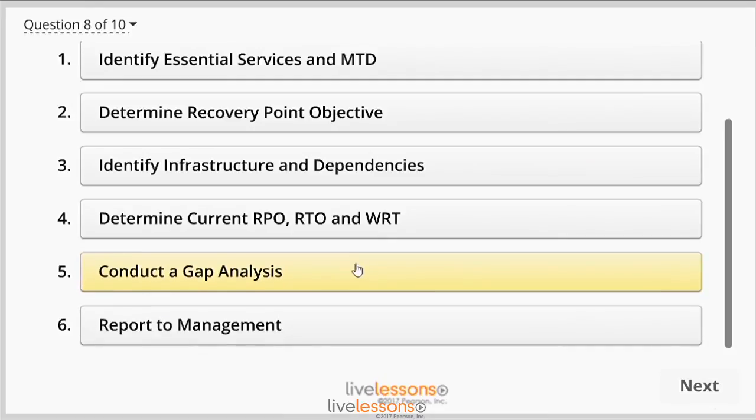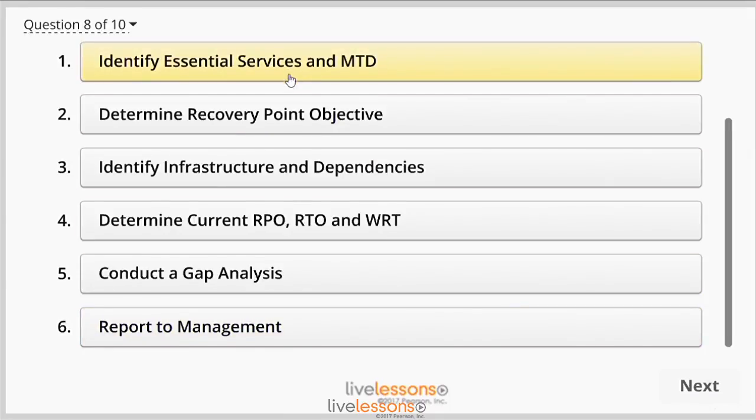We'll conduct a gap analysis between our desired state and our current state and report to management. So identify essential services and MTD, determine the recovery point objective, identify the infrastructure and the dependencies, determine the current RPO, RTO, and WRT, conduct the gap analysis, and report to management. And there you go. So let's move on to the next.